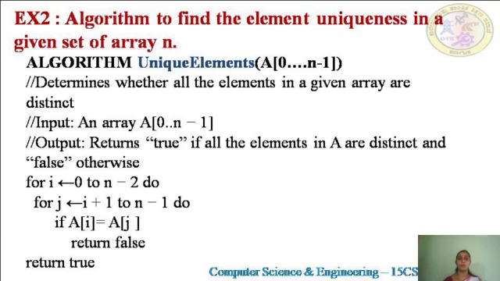Here the algorithm name is UniqueElements with the parameters A of 0 to n minus 1. This algorithm is designed to identify whether all the elements of the array are unique or not.